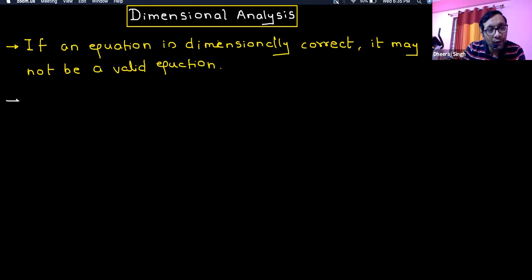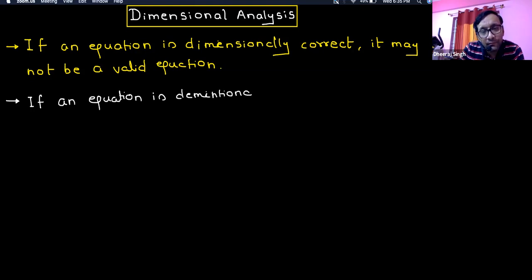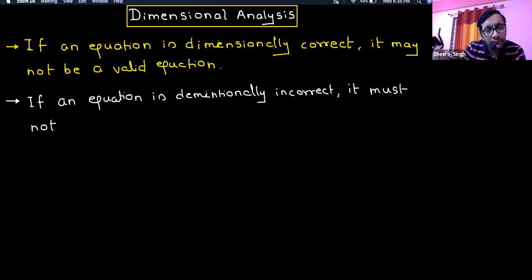Now, there's a second pointer. If an equation is dimensionally incorrect, it must not be a valid equation.